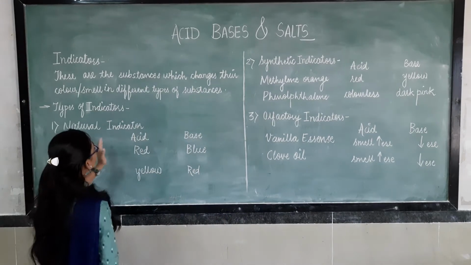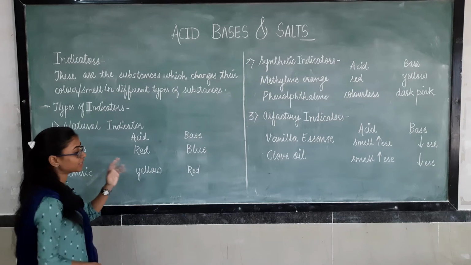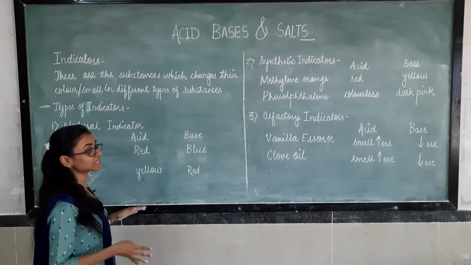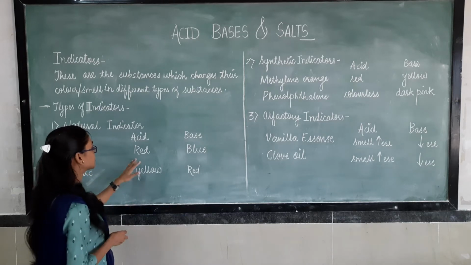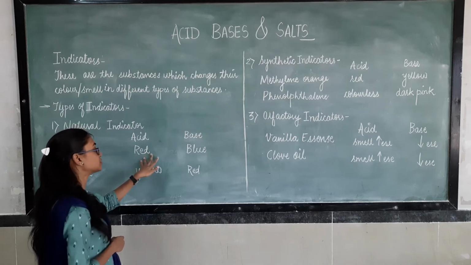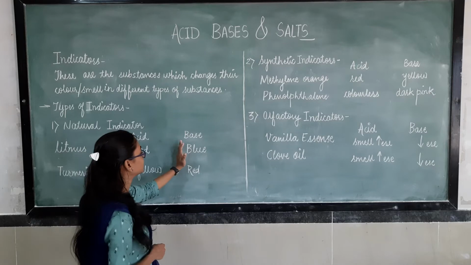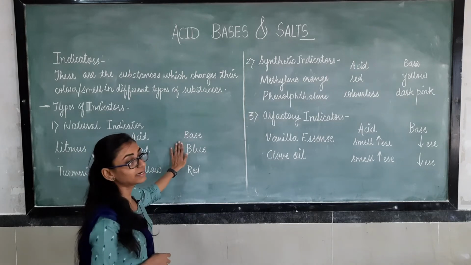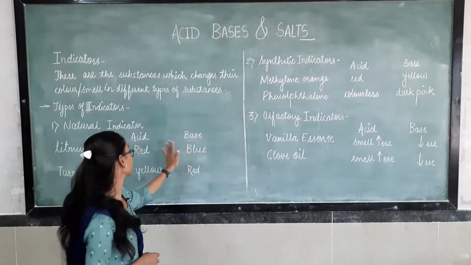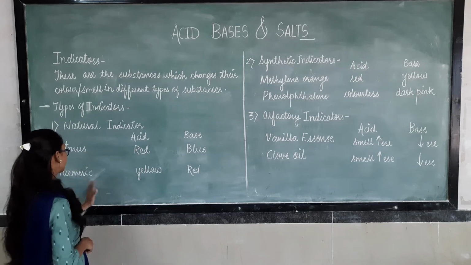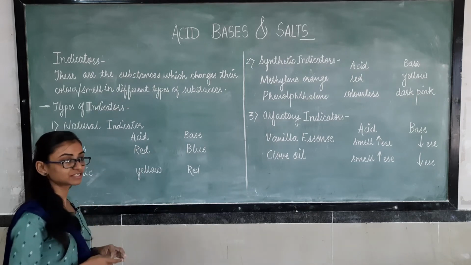When blue litmus paper comes in contact with acid, it turns blue litmus into red. While when litmus paper comes in contact with base, it turns red litmus into blue. Okay. Now turmeric. Turmeric already has some color, right?